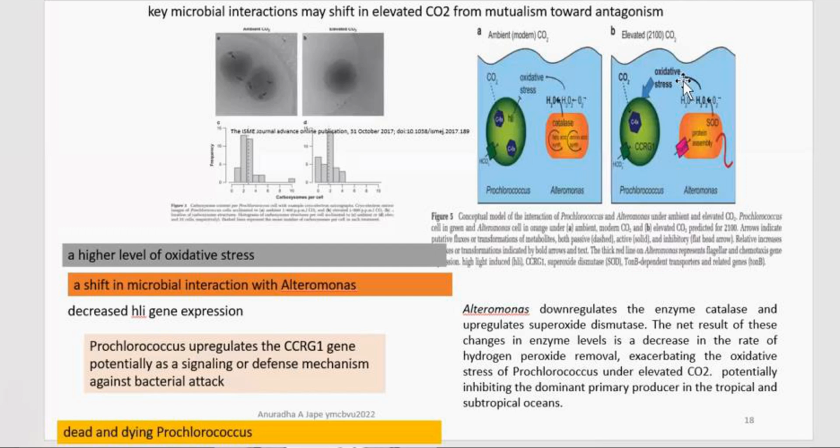Under high CO2 conditions, it becomes a challenge for it to have its own oxidative stress fight mechanism working. So when I am attempting to grow this bacteria in laboratory conditions, the gaseous environment is altered, right?